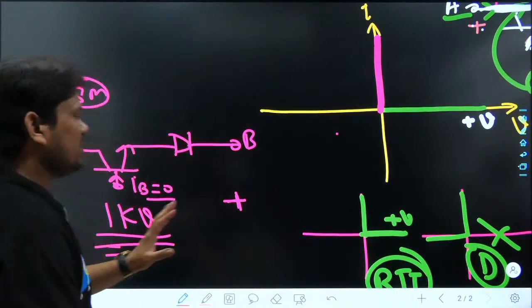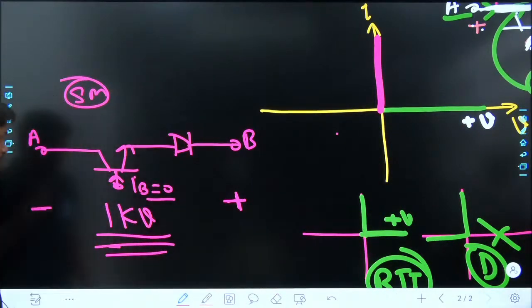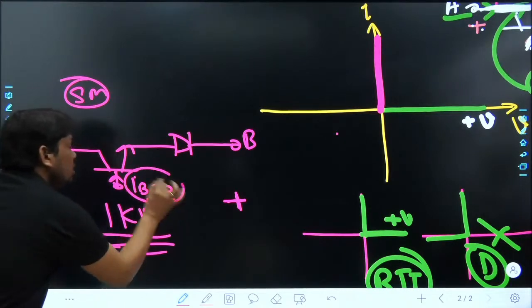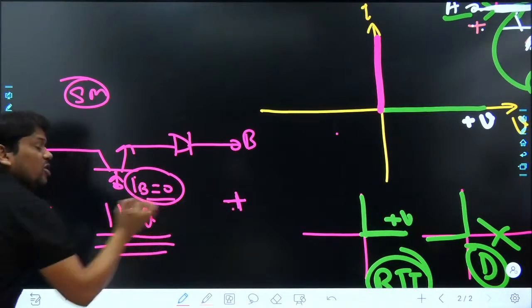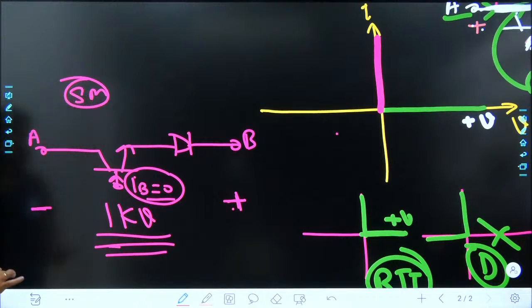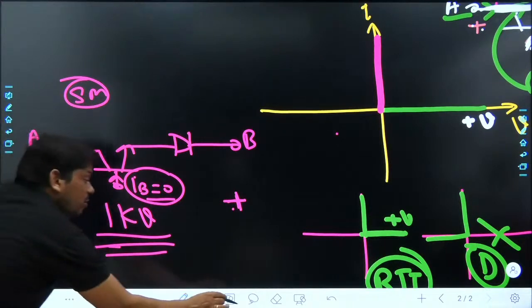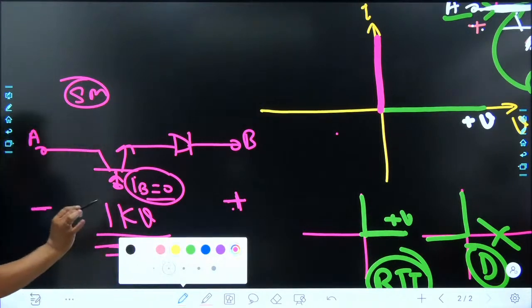Very nice. So here, when the base current is 0 and the voltage is negative-positive, the BJT is off. One thing.